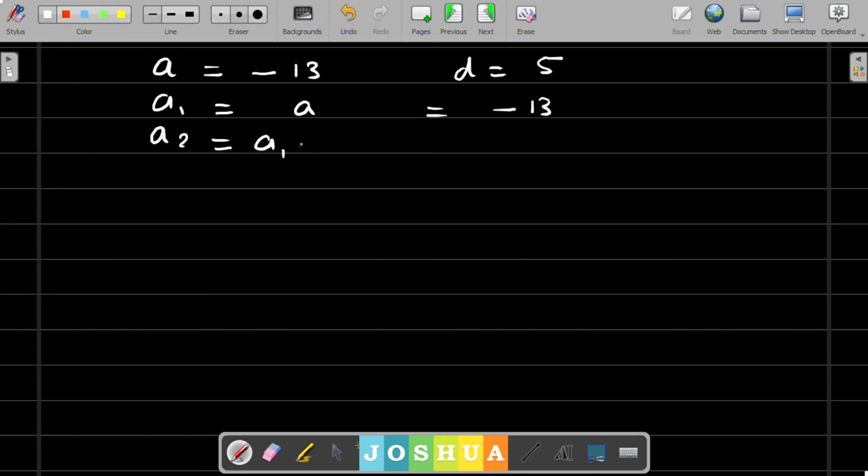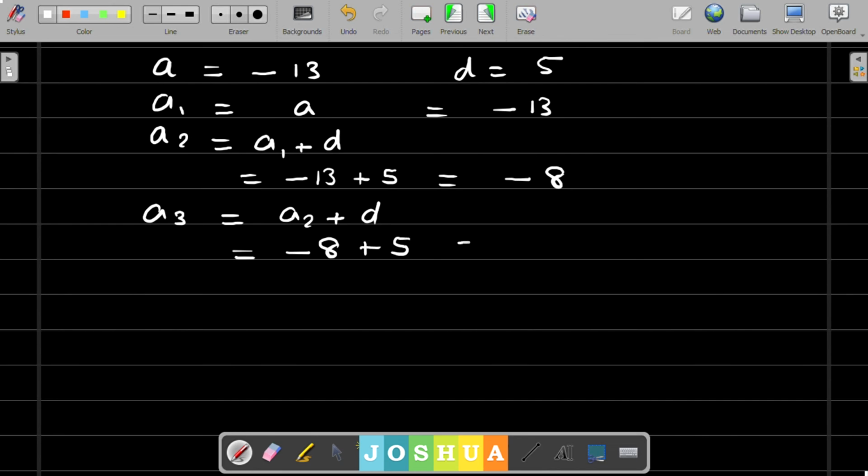Now the second term a2 is equal to the first term plus the difference, that is minus 13 plus 5, which is equal to minus 8. The third term is the second term plus the difference. The second term in this AP is minus 8, the difference is plus 5, that is equal to minus 3. They ask for the first three terms of the AP. The three terms of the AP are minus 13, minus 8 and minus 3. Like this we can find the rest of the terms one by one.